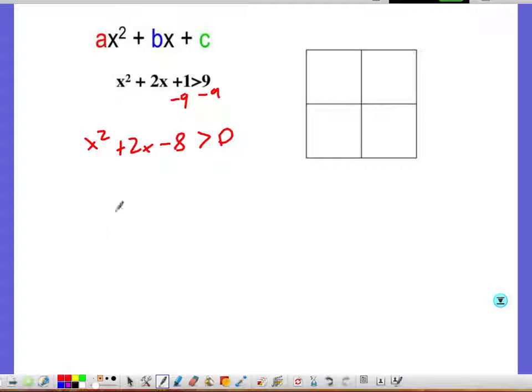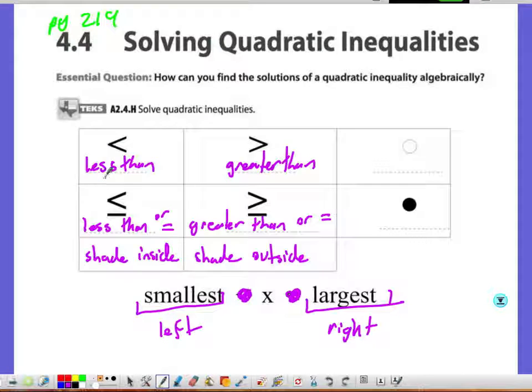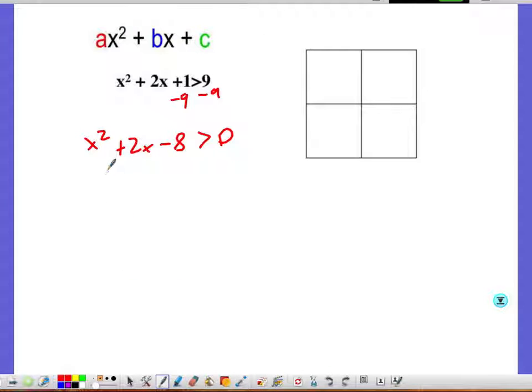Now, in order to factor this, we can use so many different methods, any of these right here. But let's go ahead and use the box method. So what I'm going to do is put x squared right there, negative 8 goes right there. But before we continue further, we need to change this into an equation. So we have x squared plus 2x minus 8 is equal to 0.